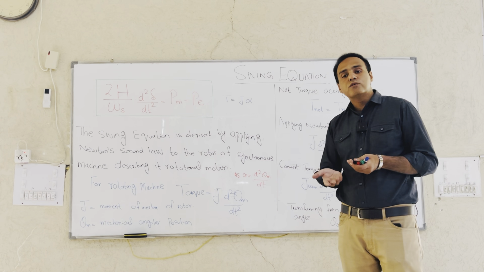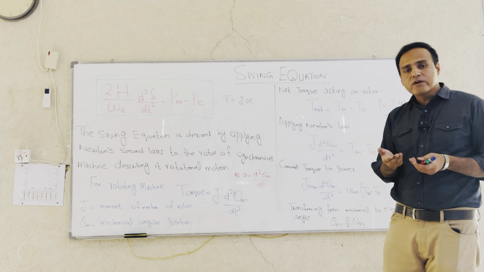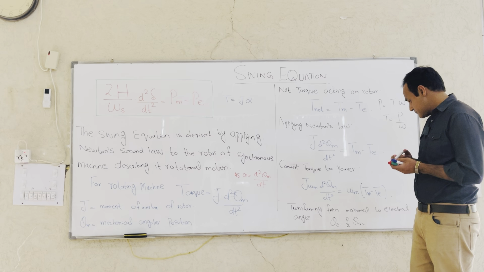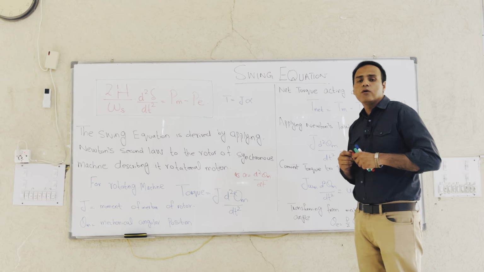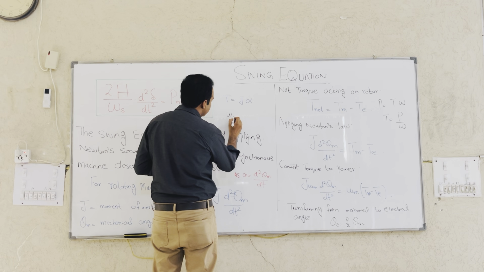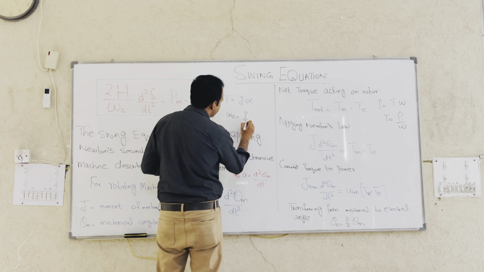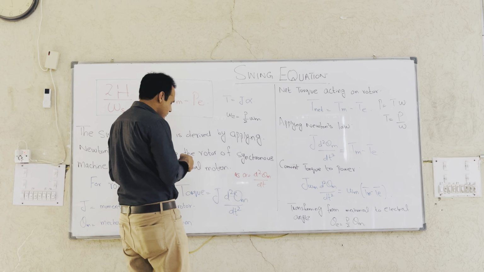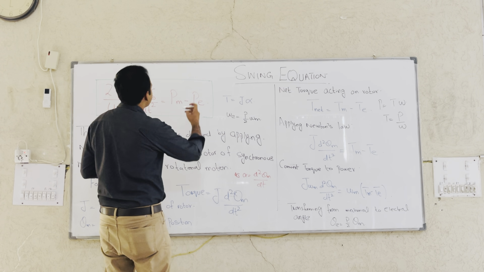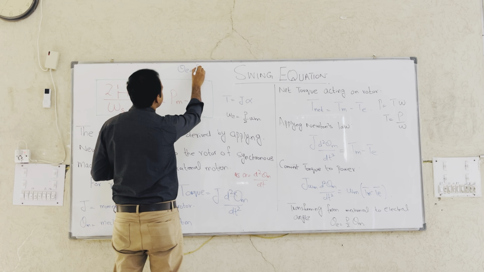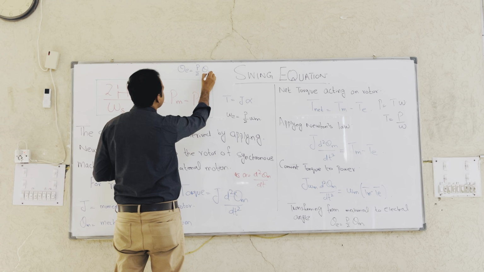After this, we will transform these mechanical rotations, mechanical angles and mechanical frequencies into electrical frequencies. How can we do that? From the last lectures on stability, we know that omega e is equal to P by 2 times omega m. Similarly, theta e is equal to P by 2 times theta m.